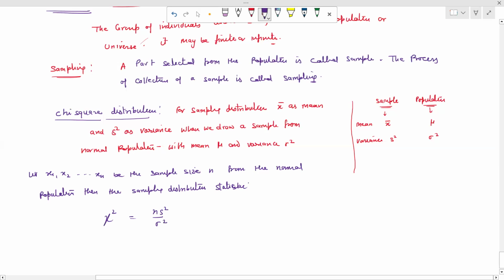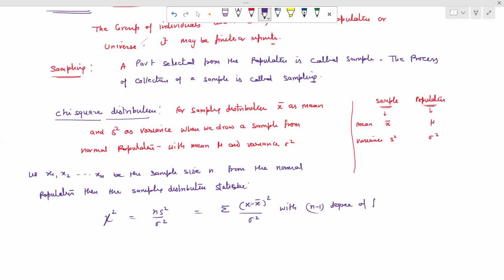So this can be written as summation of x minus x bar to the whole square upon sigma square, with n minus 1 degree of freedom.